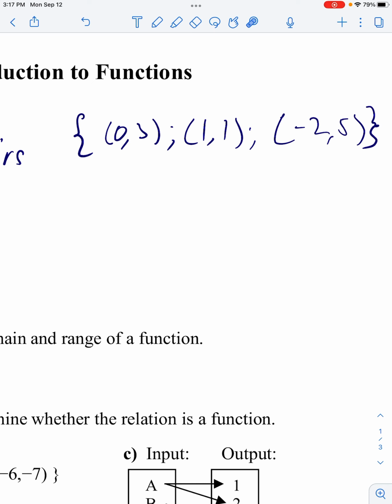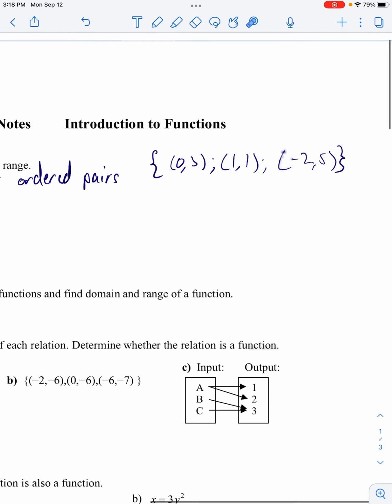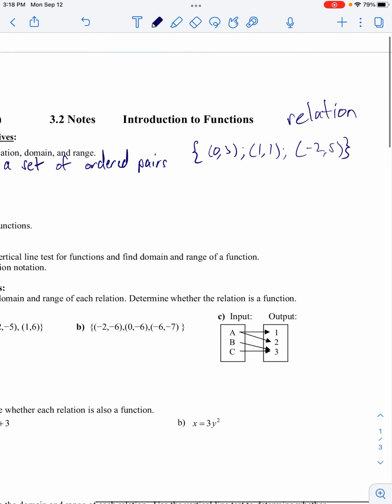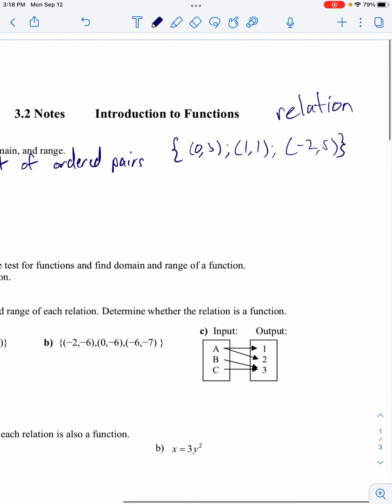There's an x value here, a 0, a 1, and a -2, and they're paired up with a corresponding y value, okay? Let me switch to my pen. We can have as many ordered pairs as we want in our set. In this case, we have 3.